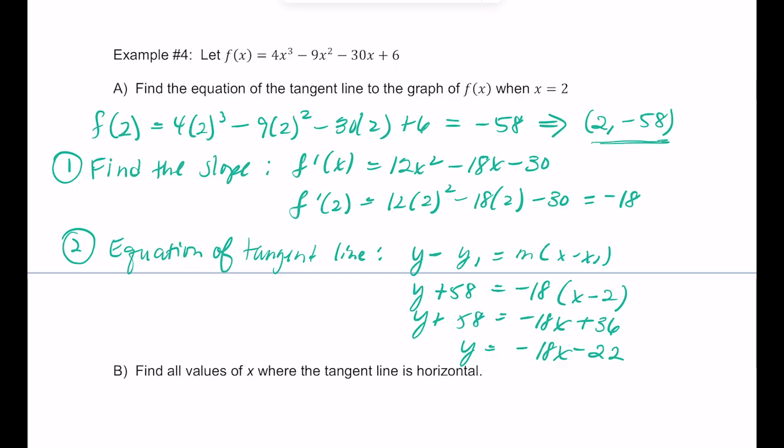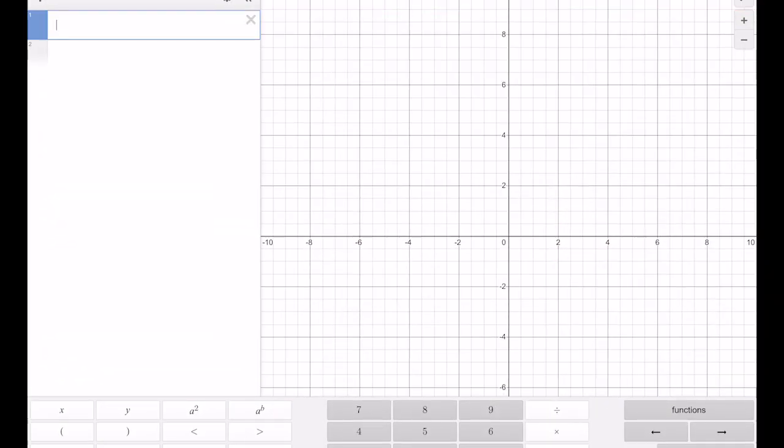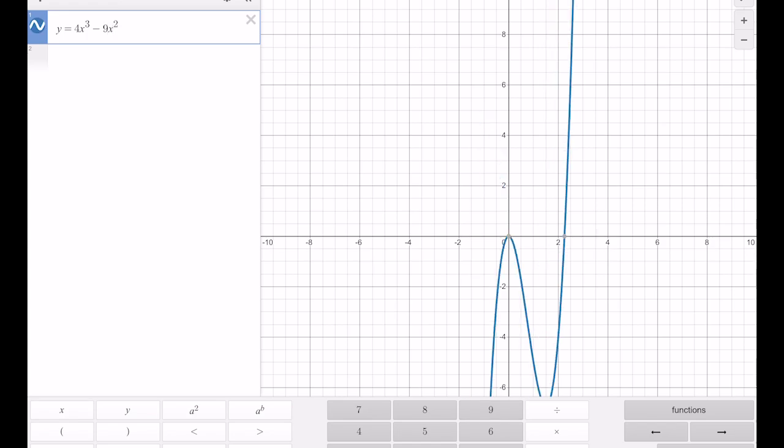Okay, and we can graph that function here and kind of take a look and see what's going on. So I've got y equals 4x cubed minus 9x squared minus 30x plus 6.